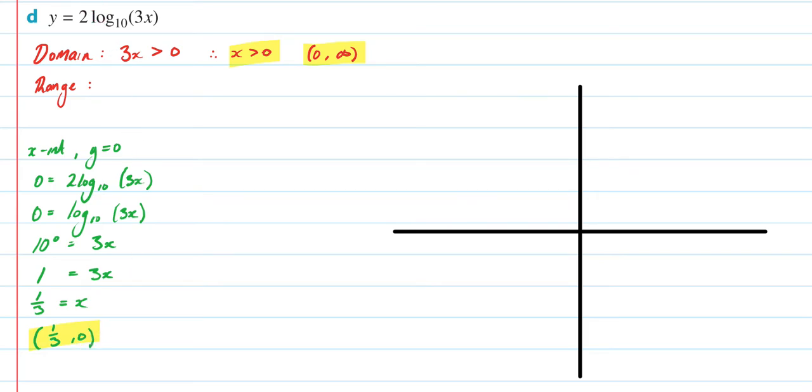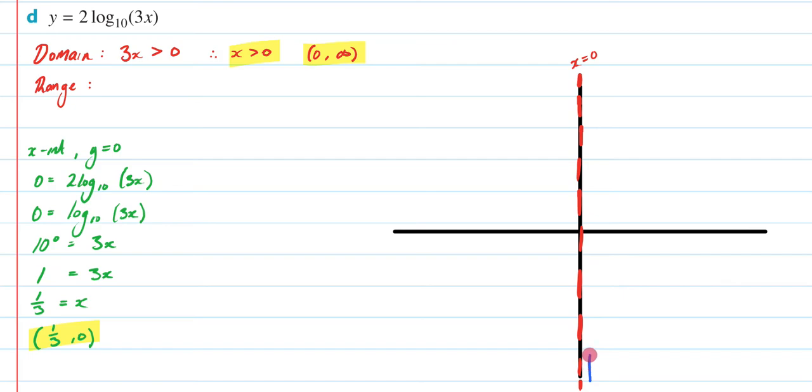I now can start sketching things. The fact that my domain is x greater than 0 confirms what I already know, and that is that my asymptote is going to be right here, x equals 0. Before I do that, let me give it a sketch because it's easier to sketch before I draw it.